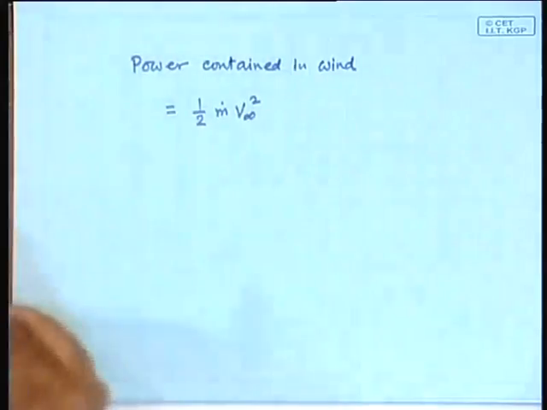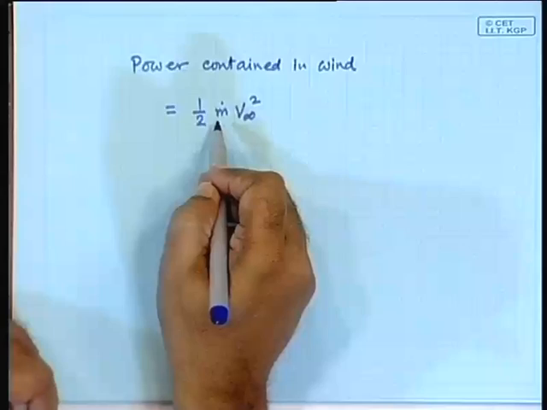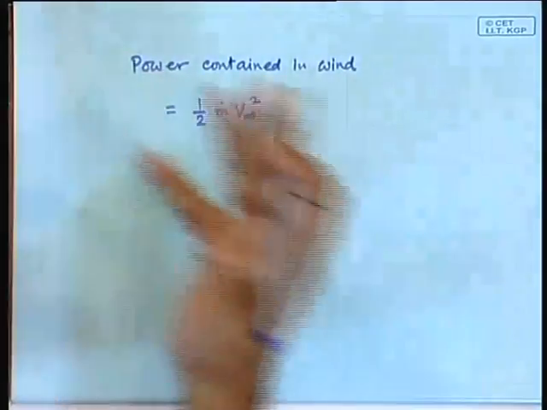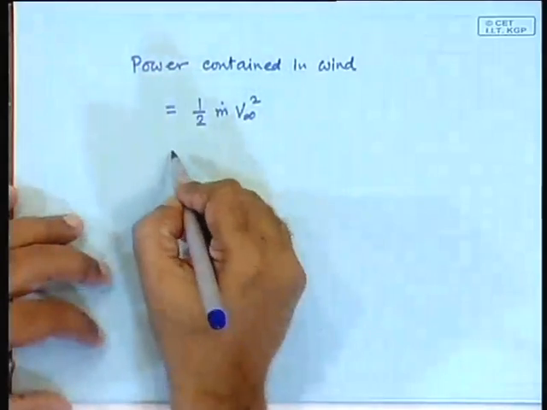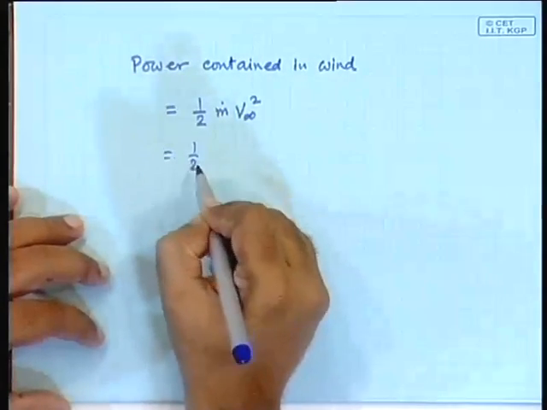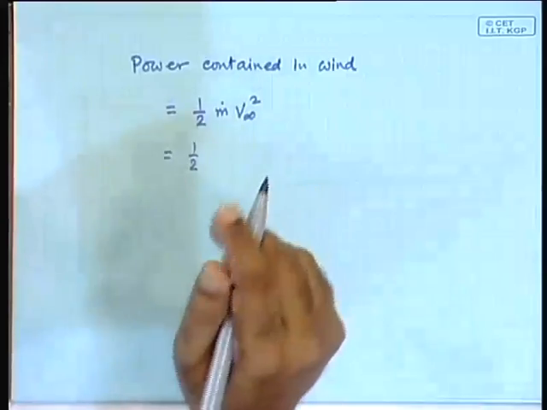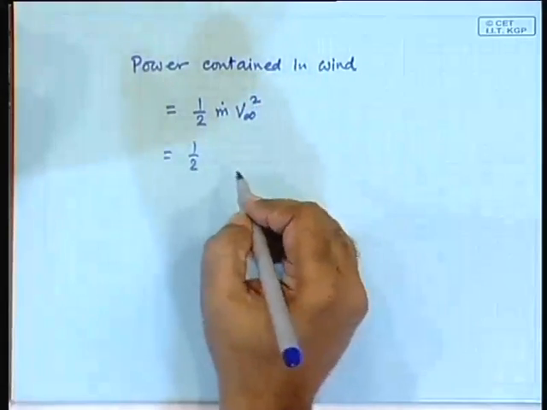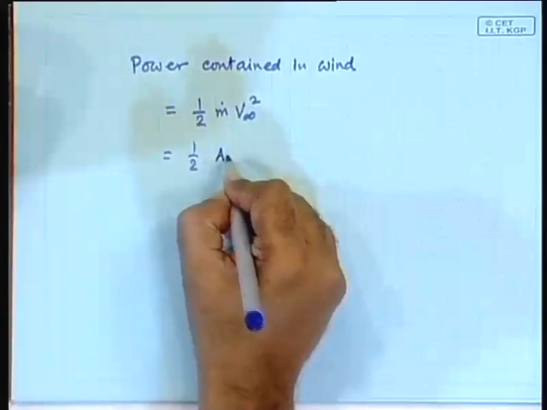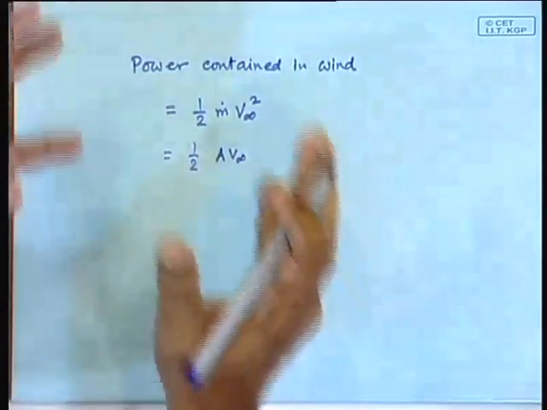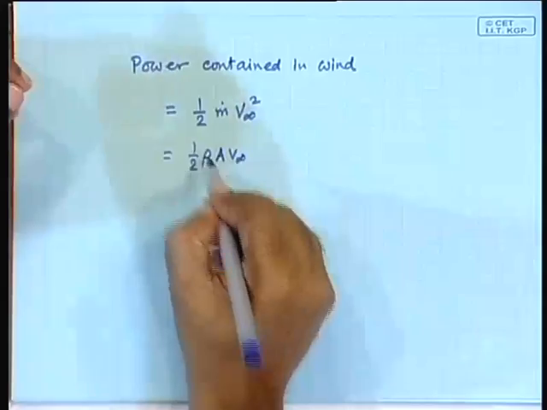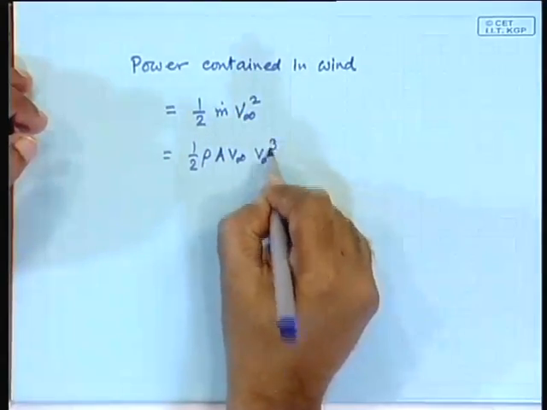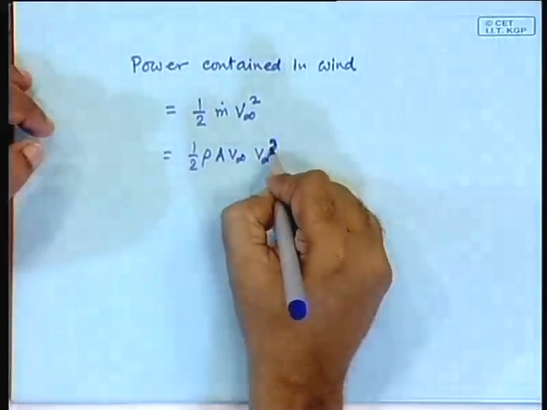So, half m dot v square, and what is m dot? M dot is the rate of flow of the air. This is equal to rho A V. So, A times V infinity is the volume flow, rho times that is the mass flow, times V infinity square.